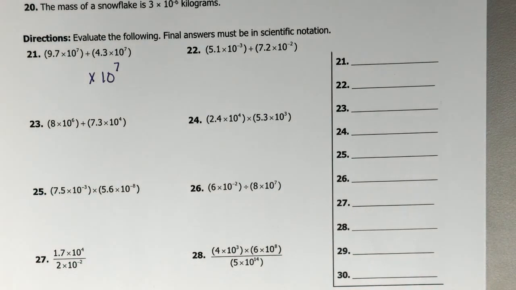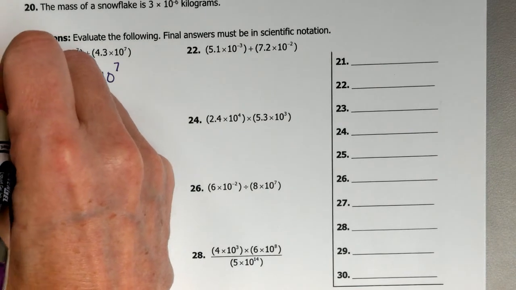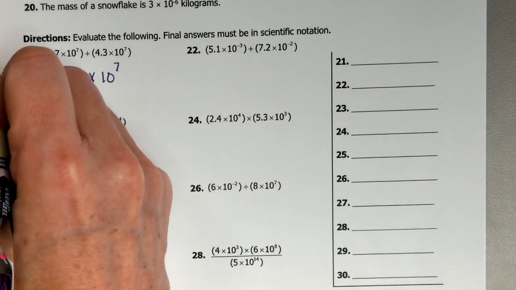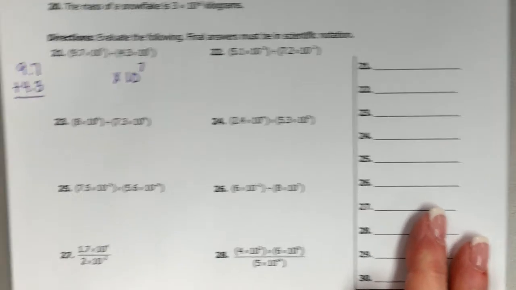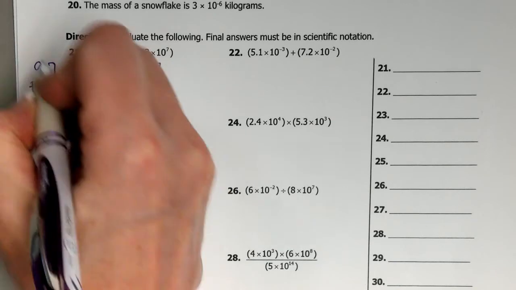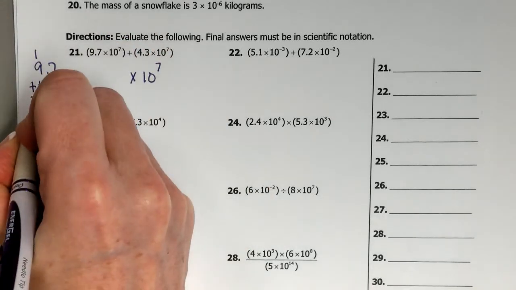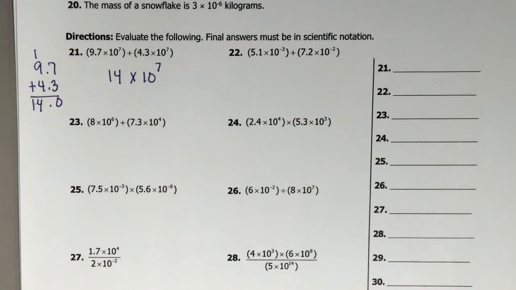That's a given. And then 9.7 plus 4.3. Just remember to line up your decimals when you're adding. So I'm getting 14 times 10 to the 7th.